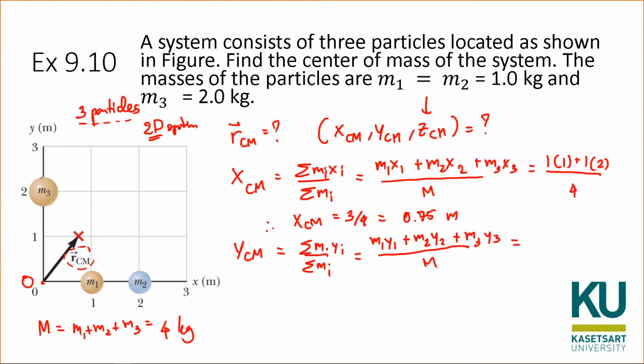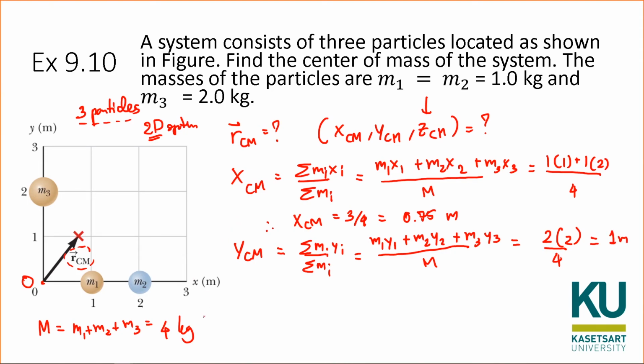Now if you look at the y-axis here, M1 and M2 have no position along the y-axis, only M3, right? So the terms for M1 and M2 are going to be zero because y1 and y2 are zero. So now you have only M3. It's 2 multiplied by the distance, which is 2 meters, over 4. So it's equal to 1 meter.